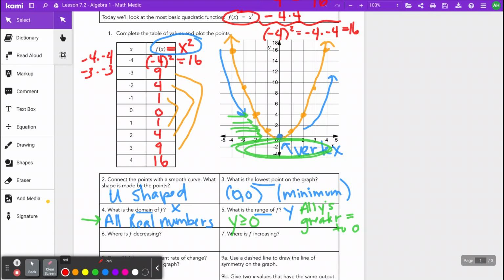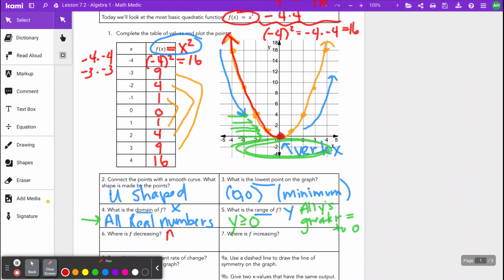All right, well, my function is decreasing here all the way to here. Stops decreasing here at 0. The thing is, I have this arrow, and so I don't really have a starting x spot where it's decreasing. There's just an ending spot. Okay, so where is f decreasing?